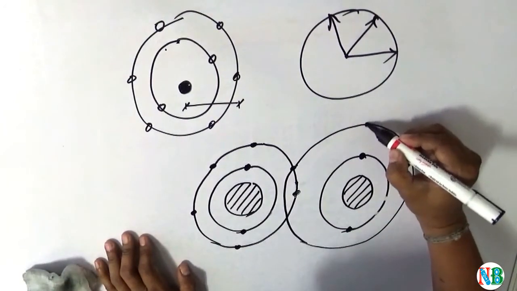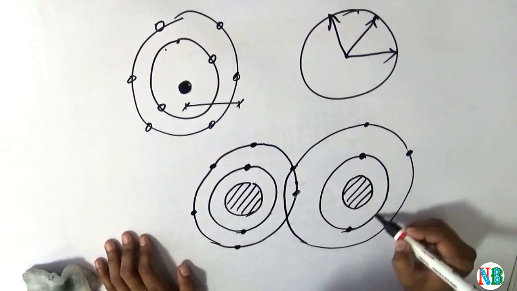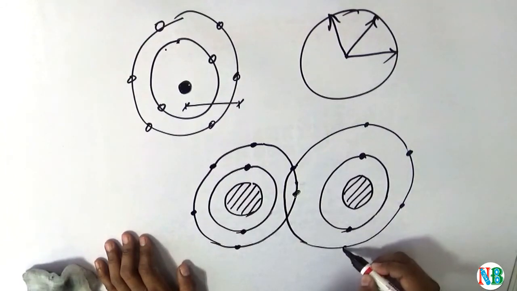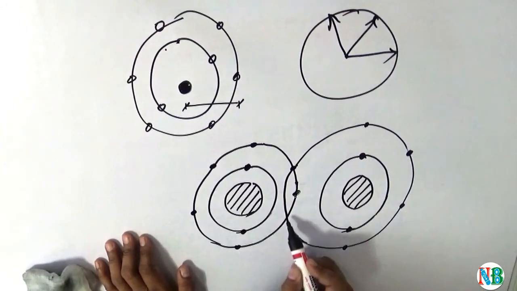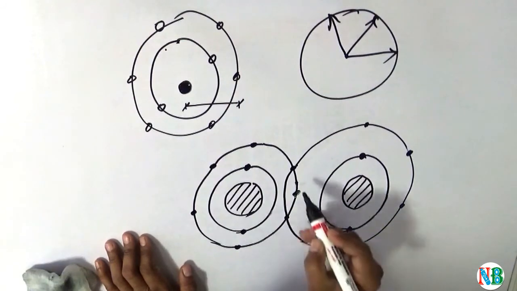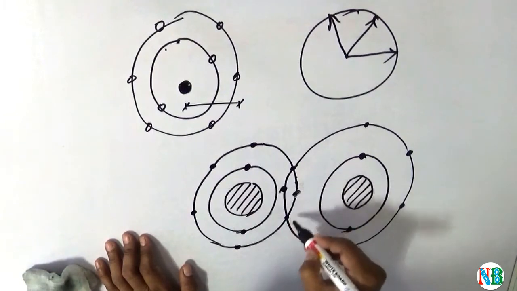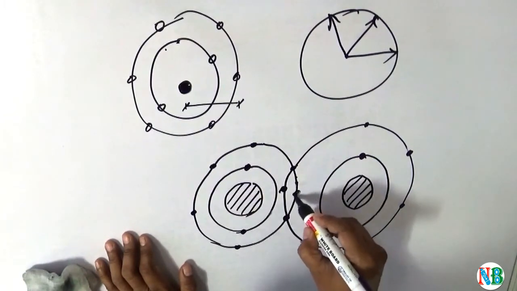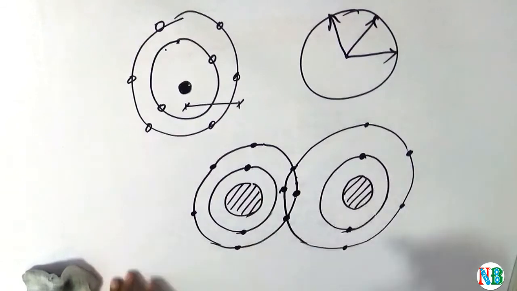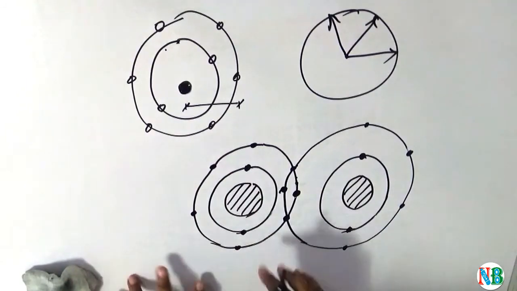You have again 1, 2, 3, 4. This one's electron comes here and then here. Can you see? This one is belonging to this. So you have 2 oxygen atoms.